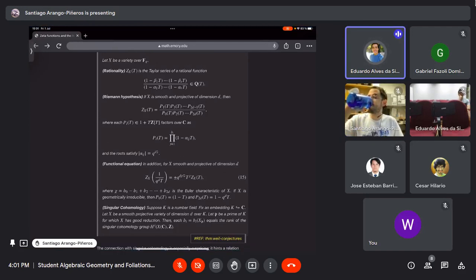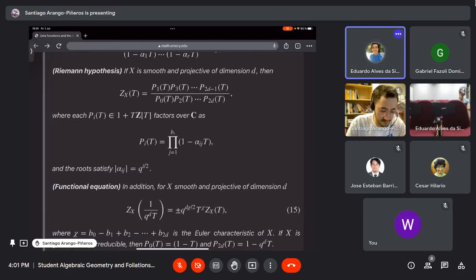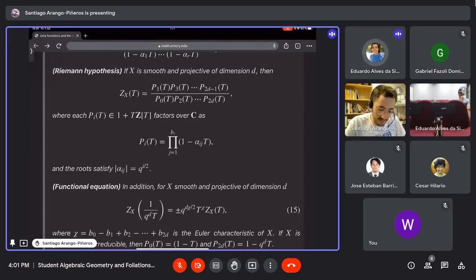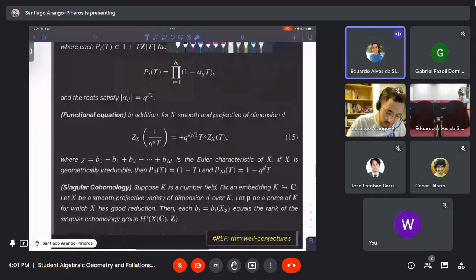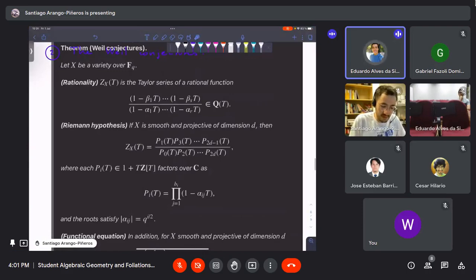Santiago, I have a simple question. Could you repeat what these b_i's are when you are defining the Euler characteristic? Because I was imagining that they would be the Betti numbers or something like that. Could you repeat what they are? Sure. Right, so now I'm just defining them to be the degrees of these polynomials P_i.